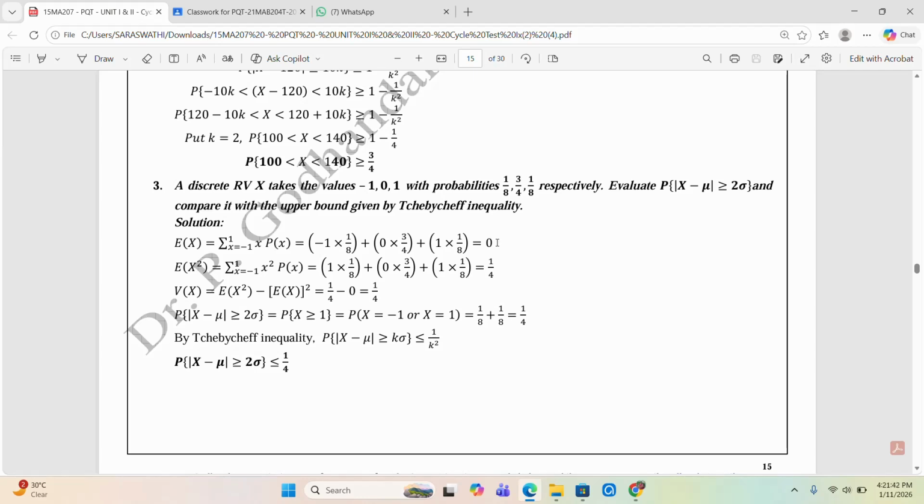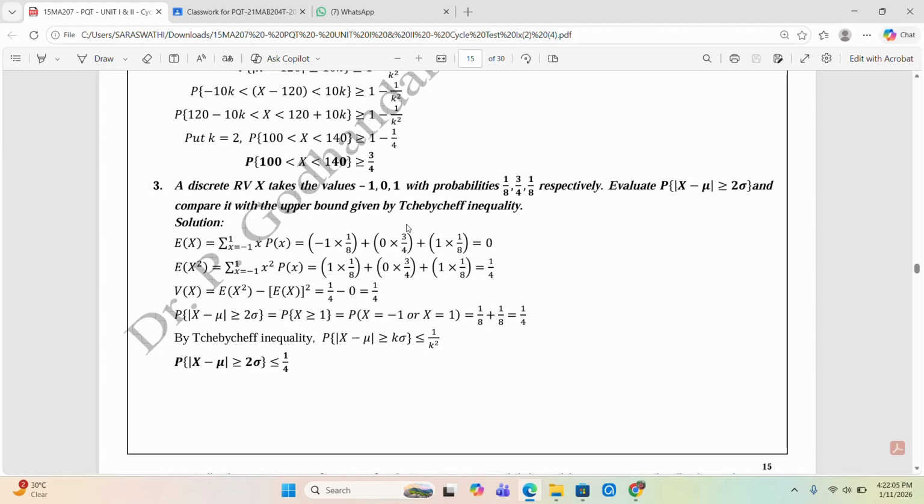So P of x minus 0 greater than or equal to 2 sigma. Sigma is the square root of variance, which is the standard deviation. Variance of x is 1 by 4, therefore square root of 1 by 4 equal to 1 by 2. So 2 into 1 by 2 is equal to 1. Hence, P of modulus of x greater than or equal to 1.